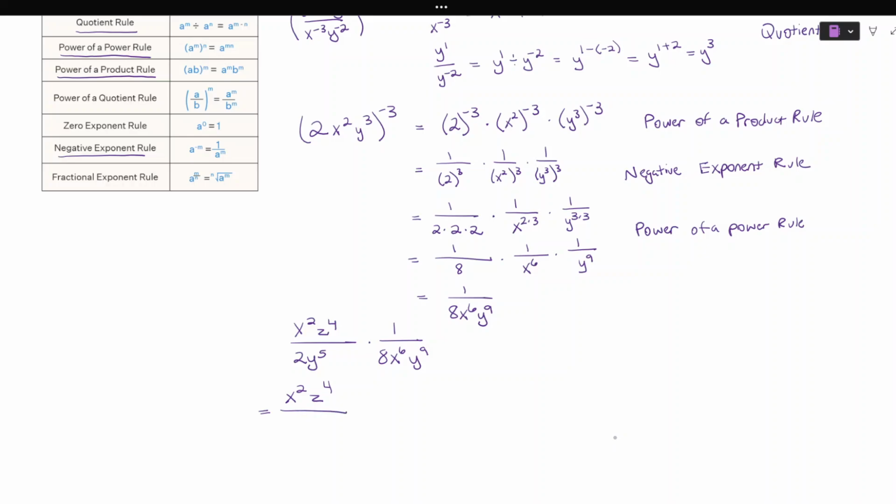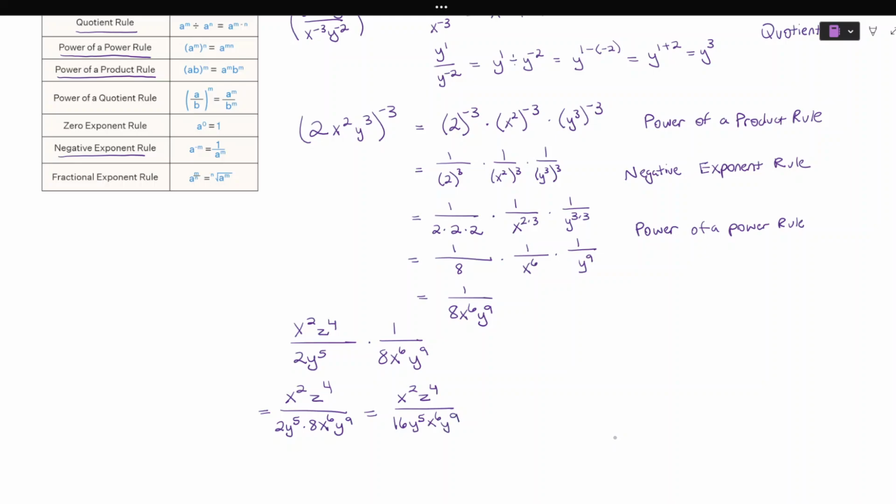And then in my denominator, I'm going to have 2y to the 5th times 8x to the 6th, y to the 9th. So the 2 times 8 I can simplify right away to have 16 y to the 5th, x to the 6th, y to the 9th.